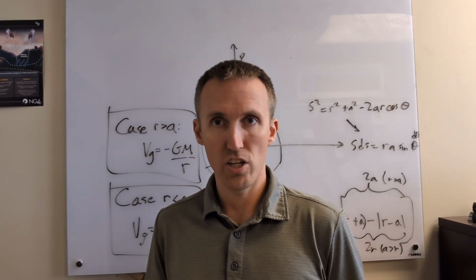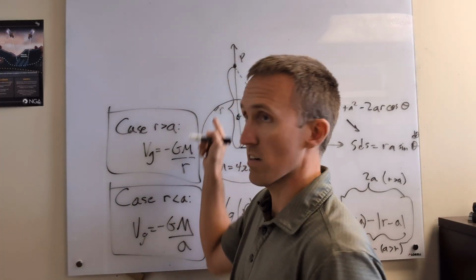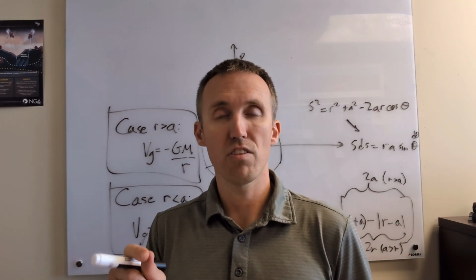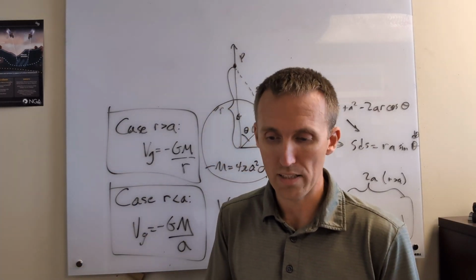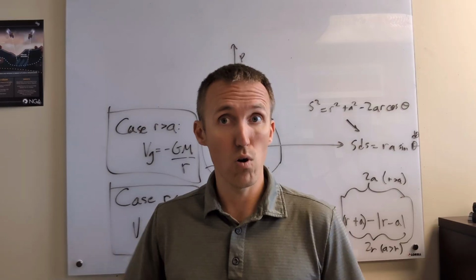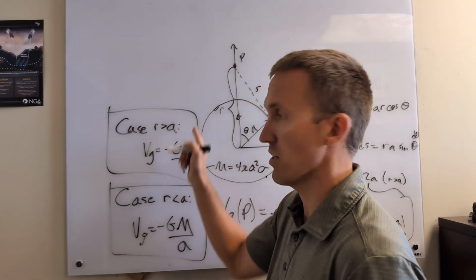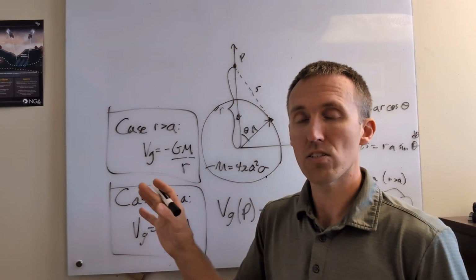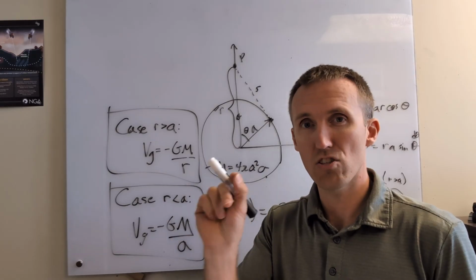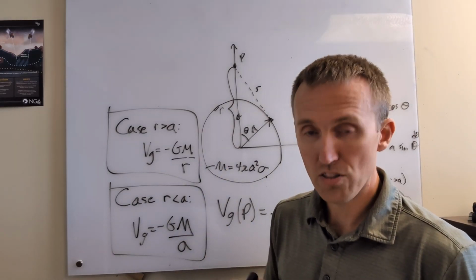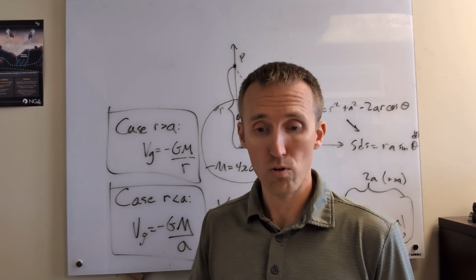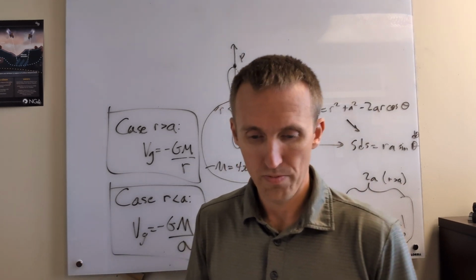And all the shells, if we're outside of the sphere, behave as if the mass is all concentrated at the center of the shell. And that means that all the mass, if you're outside of a solid sphere, is going to behave as if that mass is concentrated at a point at the center of the sphere. And so you're just going to end up with our normal gravity equations.